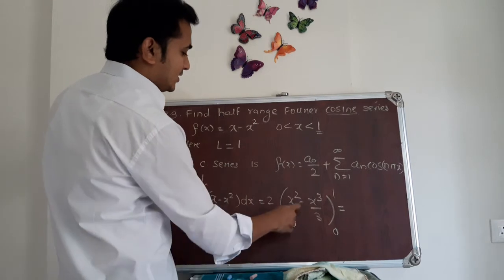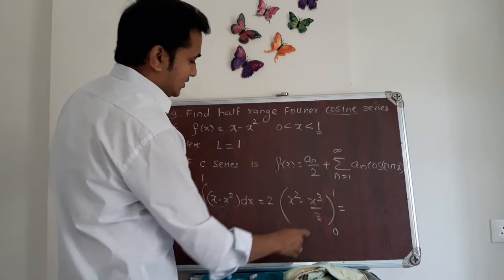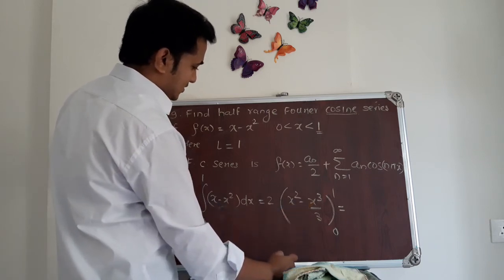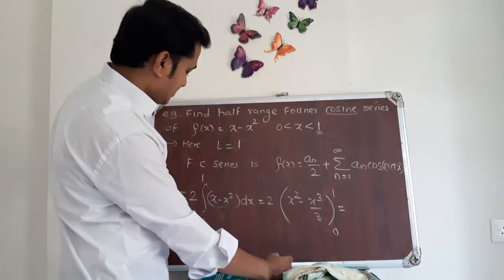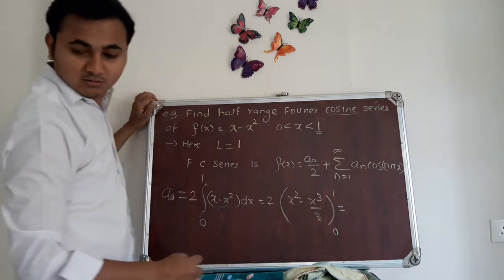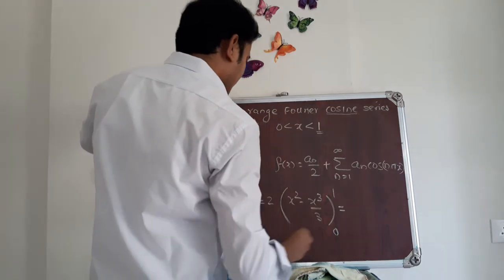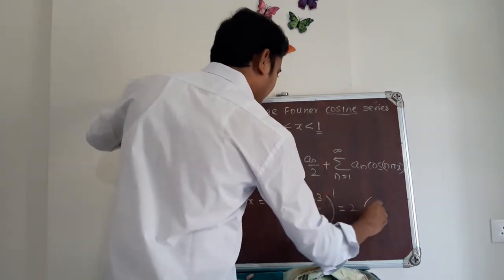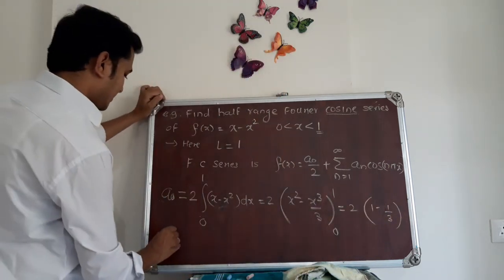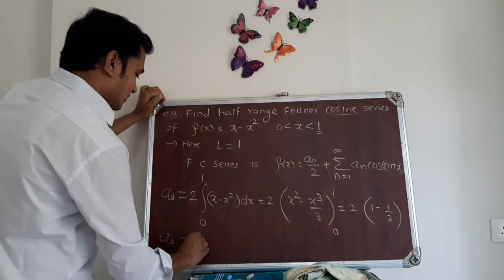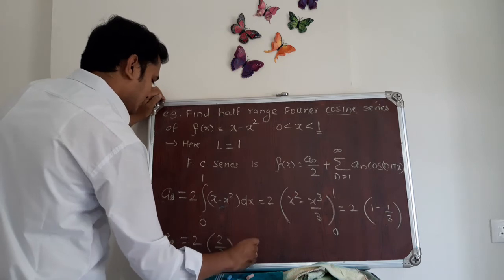So 2 into upper limit 1 by 2 minus 1 by 3, that is 3 minus 2 over 6, so 1 by 6, which gives 1 by 3.